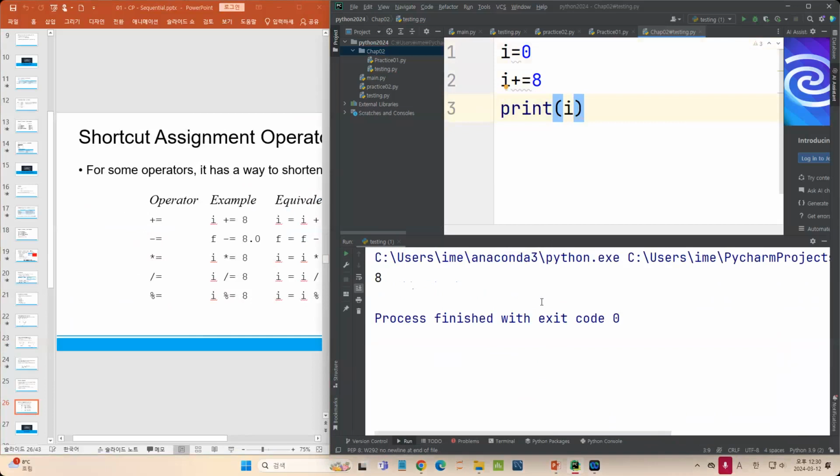Okay. Yeah, if you want to make it like this one, this is fine. But if you have difficulties understanding this, you can make i equals i plus 8. Maybe it is easier for you.